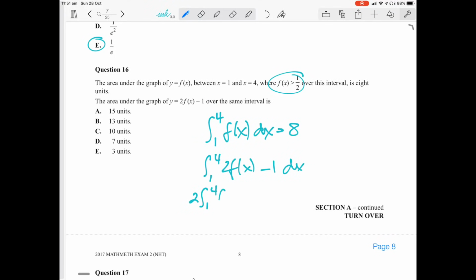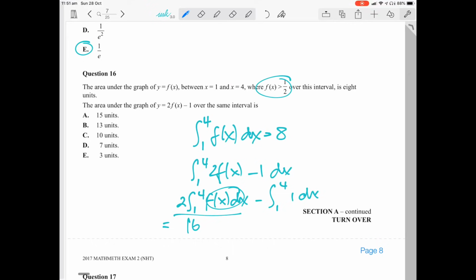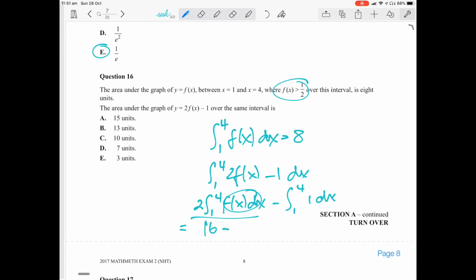That's 2 times the integral from 1 to 4 of f of x dx, minus the integral from 1 to 4 of 1 dx. That we know is 8, so that's 2 times 8, which is 16, minus, if I integrate that, I get x. So I get 4 minus 1, which is 3. 16 minus 3 is 13.